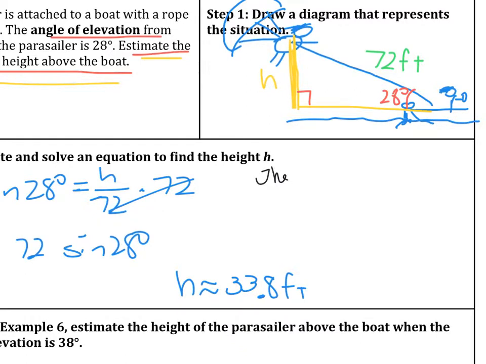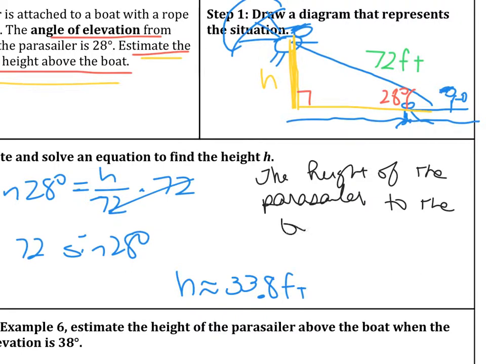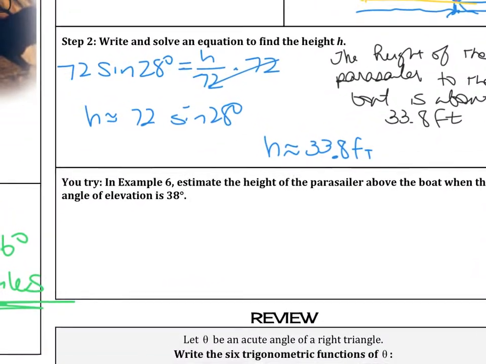The height of the parasailer to the boat is about 33.8 feet.